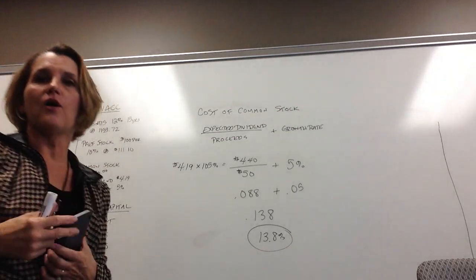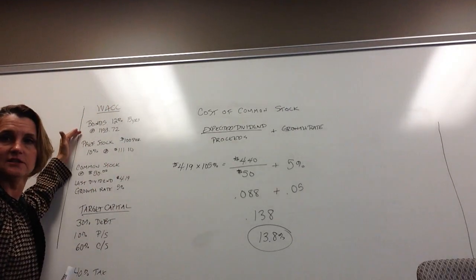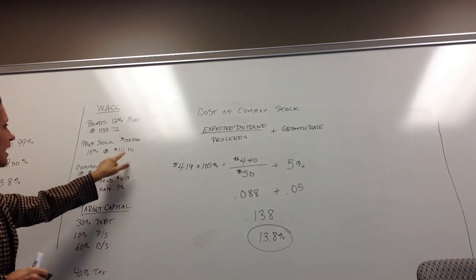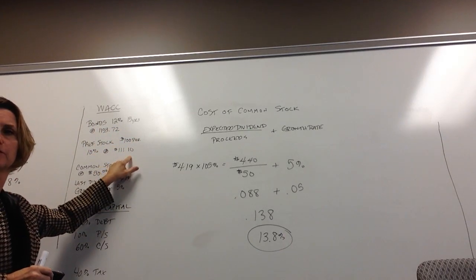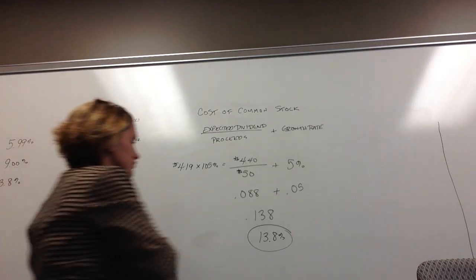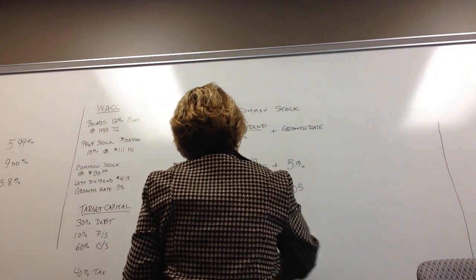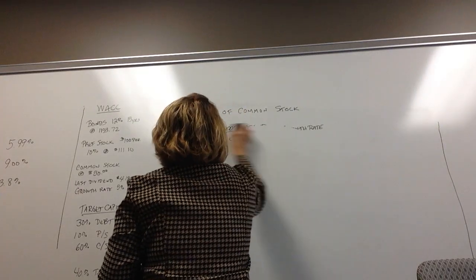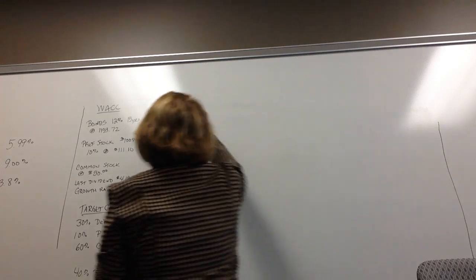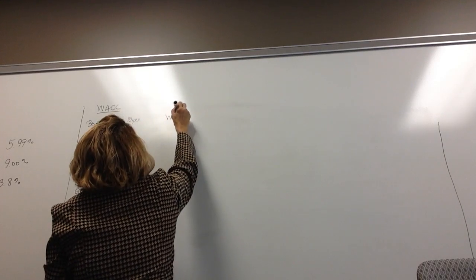Okay, so now I have calculated my after-tax cost of debt, which deals with these bonds. I have calculated my cost of the preferred stock, and I've calculated my cost of the common stock. So now I can go to my final step, and my final step involves putting it all into the weighted average cost of capital formula.